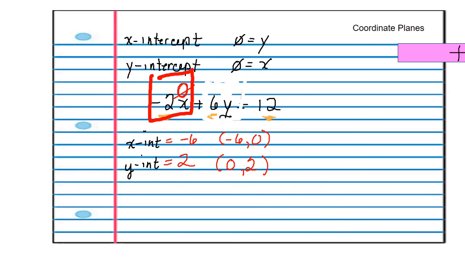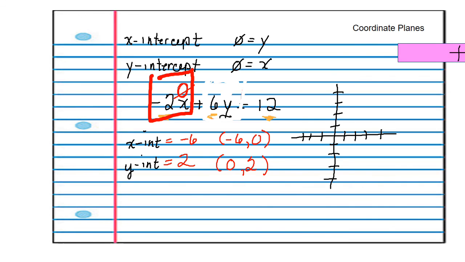You put a 0 in for the x, and the y resulted in a 2. And using a coordinate plane, you're going to go right here. X line, Y line type of thing. Give yourself some little values here. This is probably not my best coordinate plane, but you'll get the point. And the first one we found out was negative 6, 0.